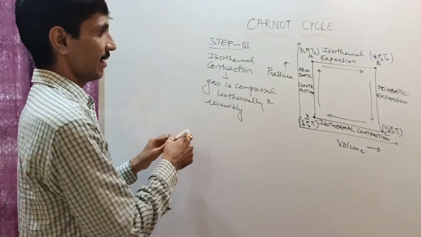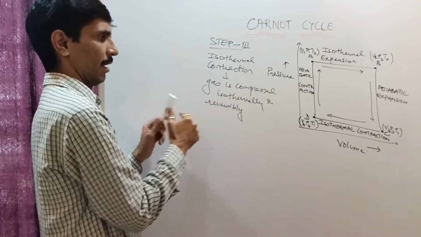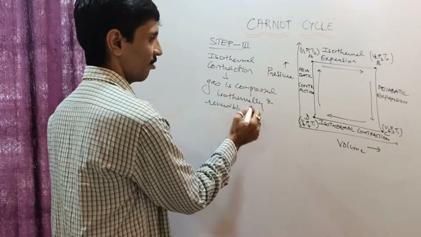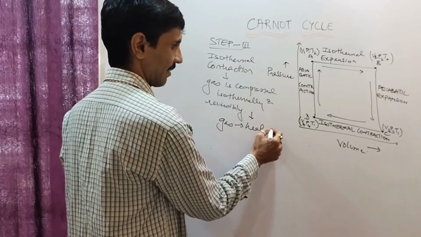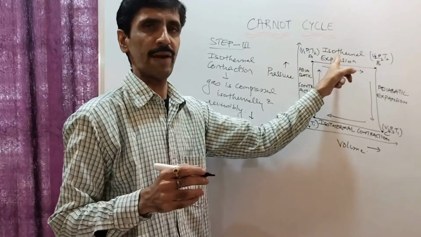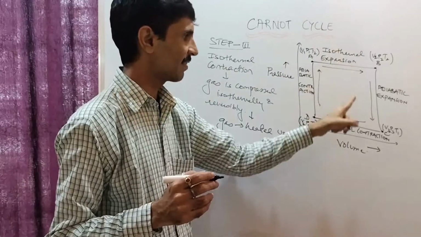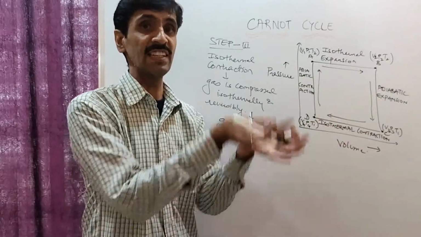Now as a result of this isothermal reversible compression taking place, the gas is going to be heated up. Okay, the gas is what? Heated up. Here the gas was cooled as a result of isothermal expansion. The opposite process takes place. It is isothermal contraction, so the gas is heated up.